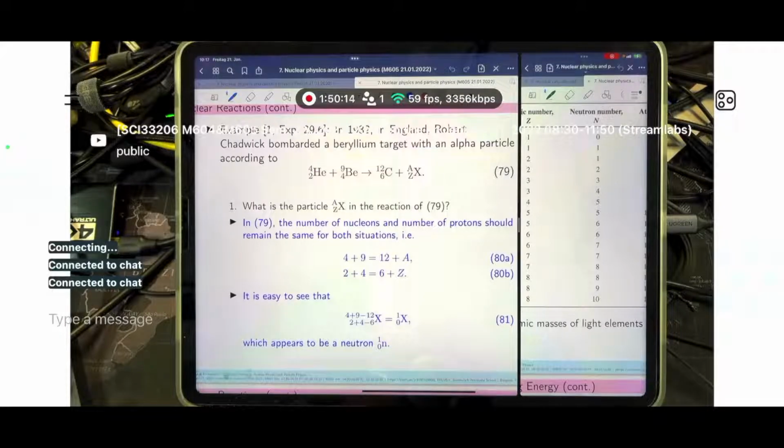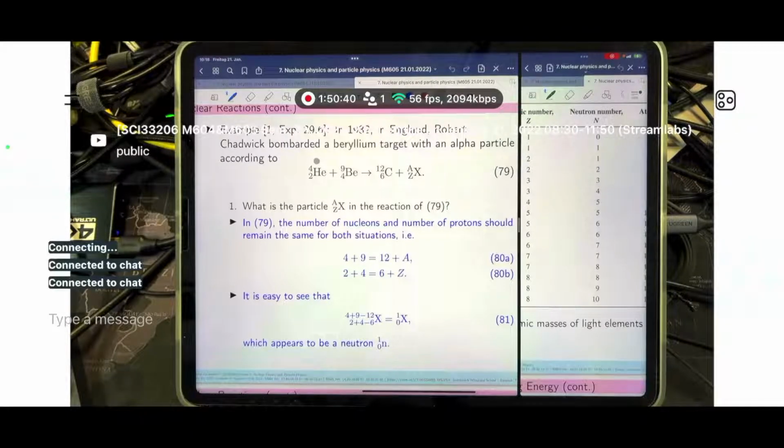Yeah, we need to balance that equation so that we can know what kind of element it is. In order to do this, we need to follow the rule that the number of nucleons remains the same.